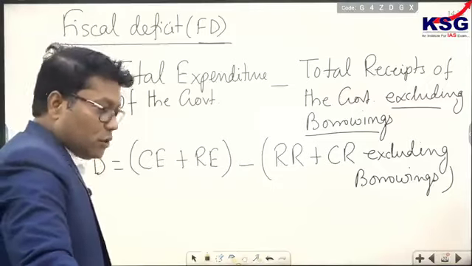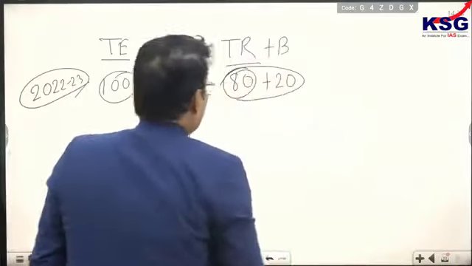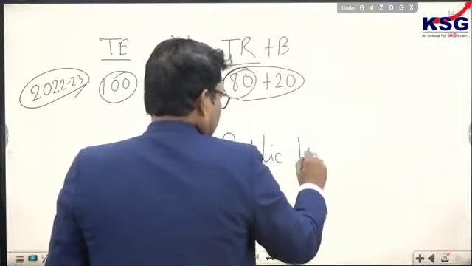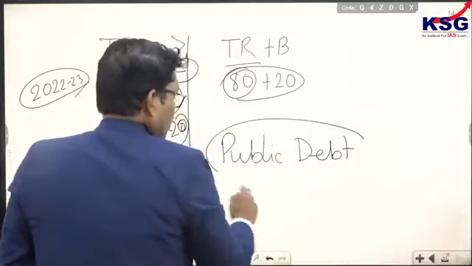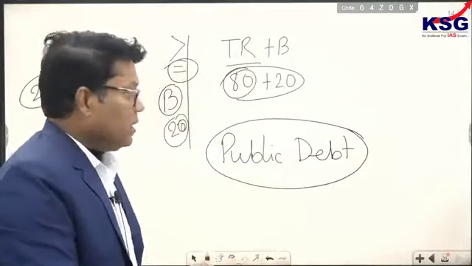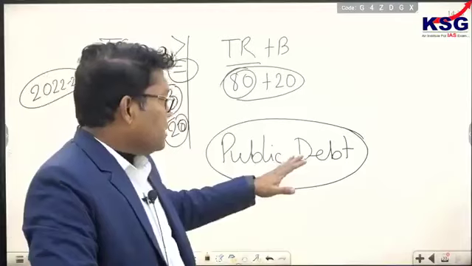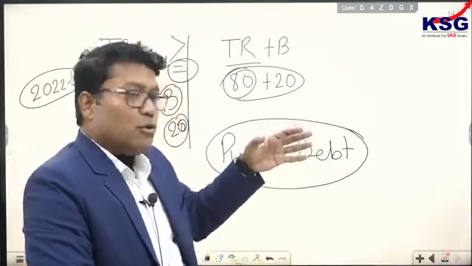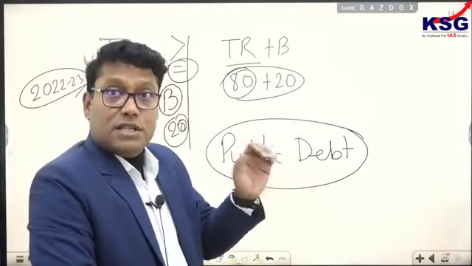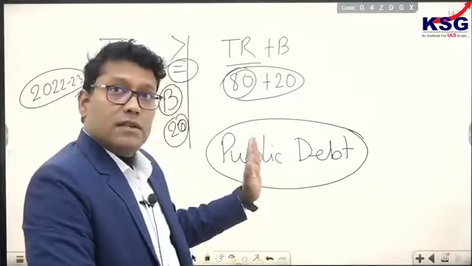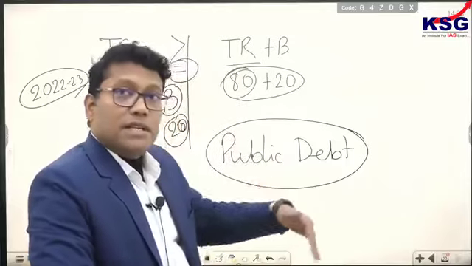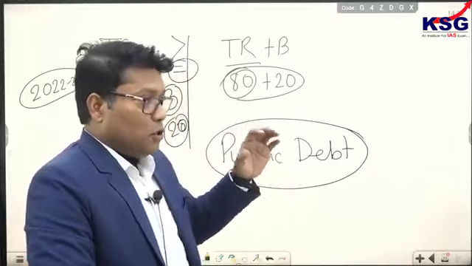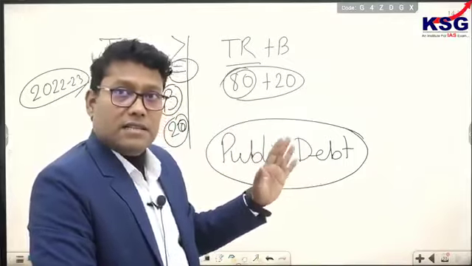So what is public debt? You understand it. Public debt, you can say debt, no issue. But public debt means till today, how much loan amount or liabilities amount is accumulated. That is public debt. From your past, the total liabilities of the central government is the total debt amount, maybe domestic, maybe international, external one.